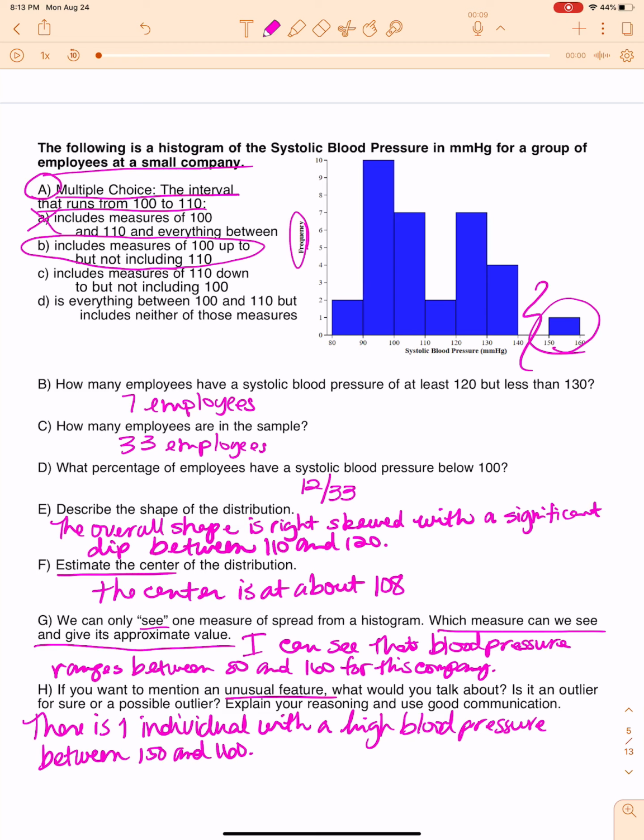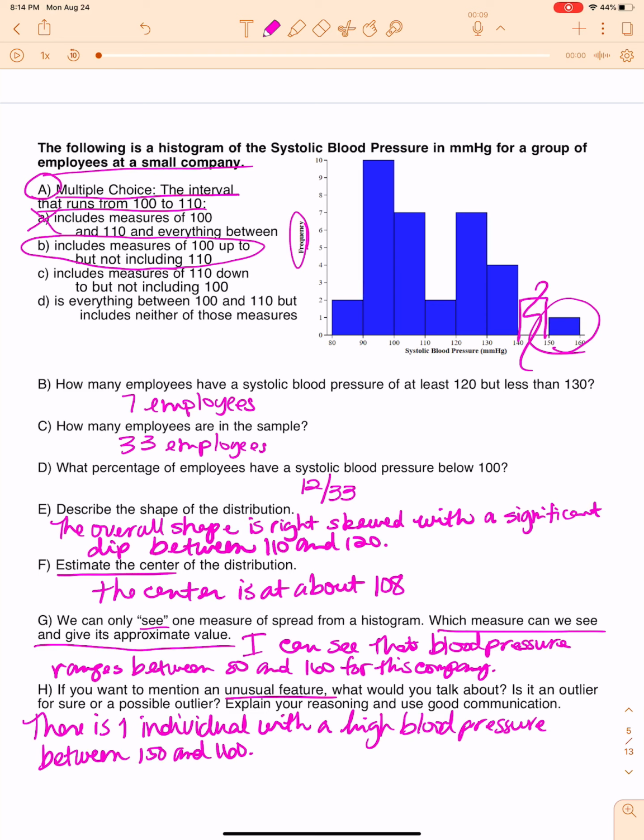If I had a bin between 140 and 150, it would kind of tie everything in. It wouldn't be that unusual. But because it's out there by itself and there's a gap between it and the rest of the data where there's no data, that is cause for concern. So, is it an outlier for sure, or a possible outlier?